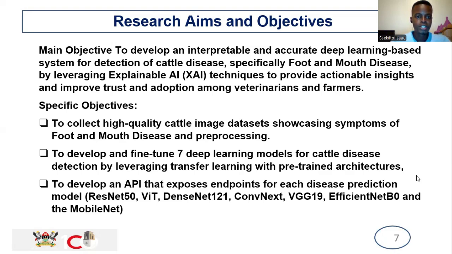For the specific objectives, we need to collect high quality cattle image datasets, showcasing symptoms of foot and mouth disease, and pre-processing. The other objective is to develop and fine-tune 7 deep learning models for cattle disease detection by leveraging deep transfer learning for pre-trained architectures.